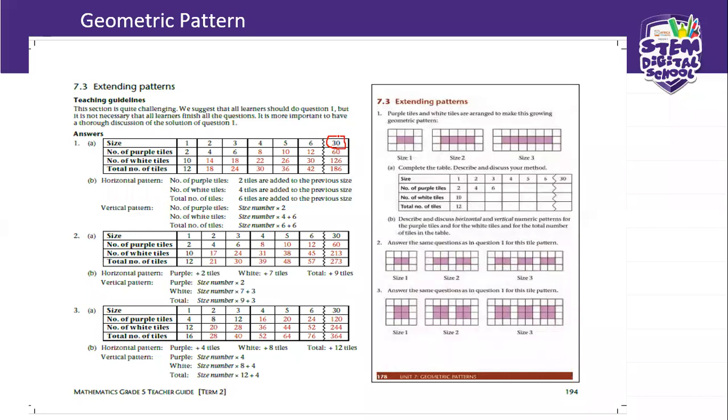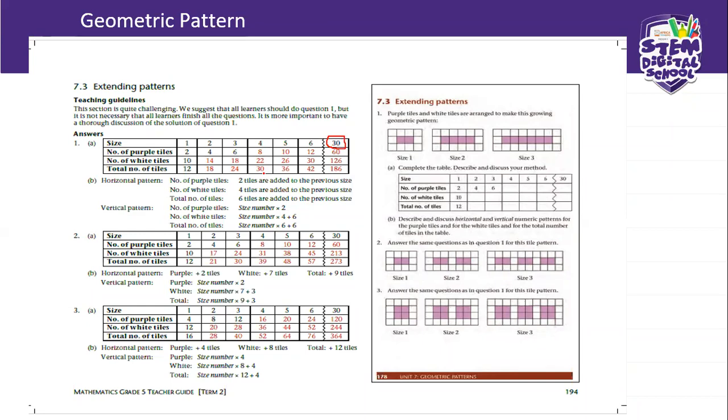So now I want to ask you, how does the size relate to its numbers of white tiles, purple tiles, and total number of tiles? How does 4 relate to 8, to 22, and to 30?